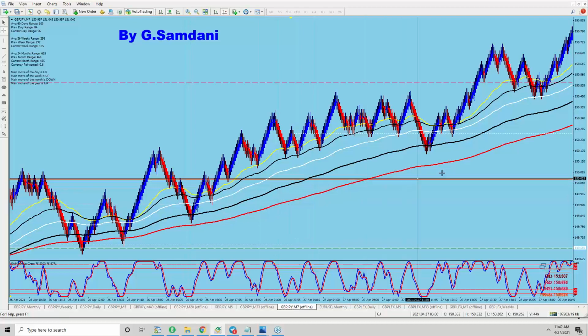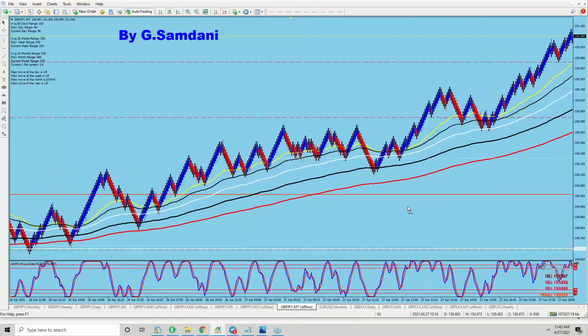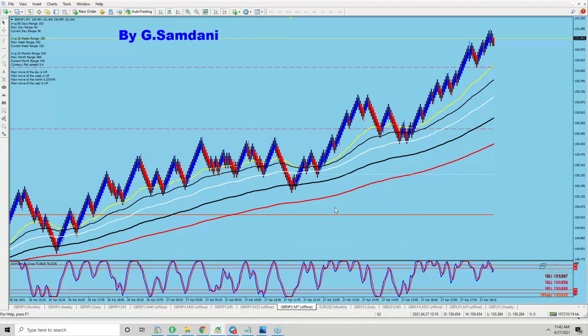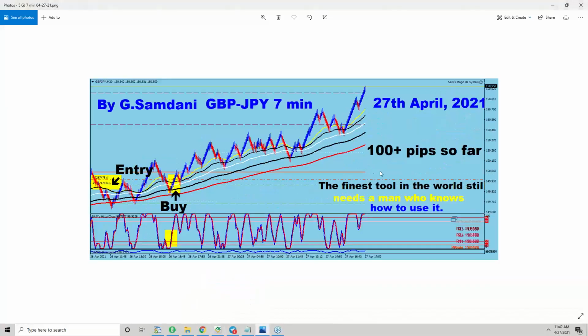And then after that, all these entries, and this thing keeps going up. Now, this is the one, the only one I took because Pound was getting strong as well. So between Monday and Tuesday, I came up with 100 pips. This is the entry right there. Buy order, SL moved to break even. And after that, it goes all the way. I closed the trade early. 100 is enough because I'm tired.